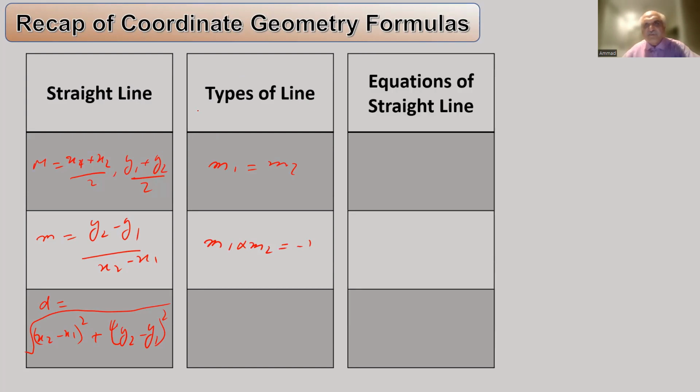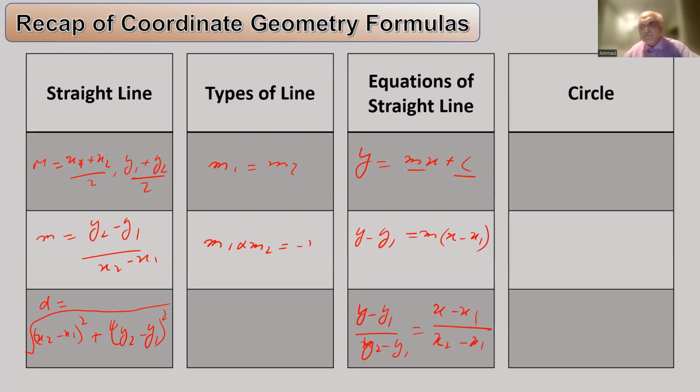In equation of straight line, we have studied three equations. First one is y is equal to mx plus c, when slope and intercept are given. Second, when 1 point and slope are given, we will use this equation to find the equation of the required line. If the line is passing through 2 points, we can apply this formula to find the equation of the desired line, which is (y minus y1) over (y2 minus y1) equal to (x minus x1) over (x2 minus x1). In circle, we have studied two types of equations.